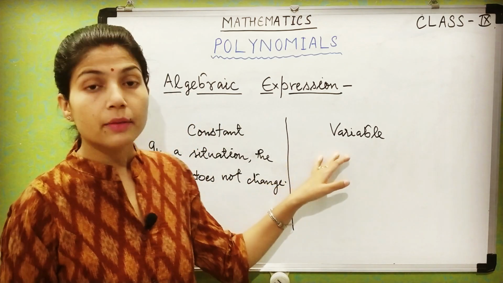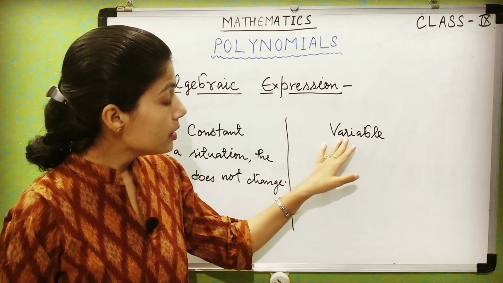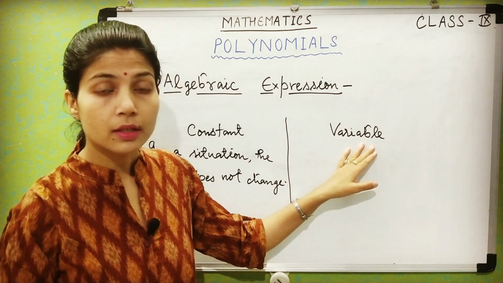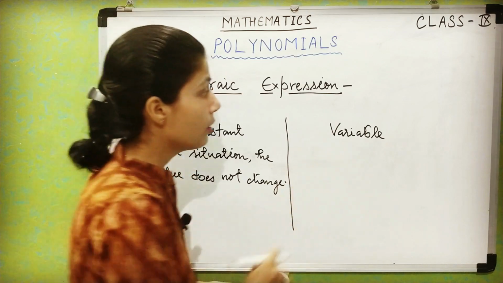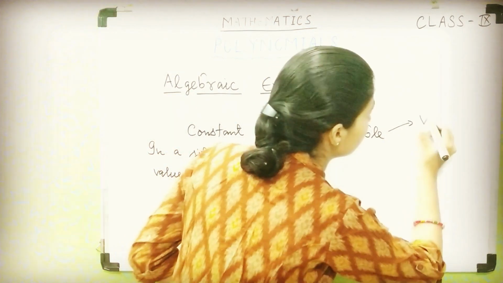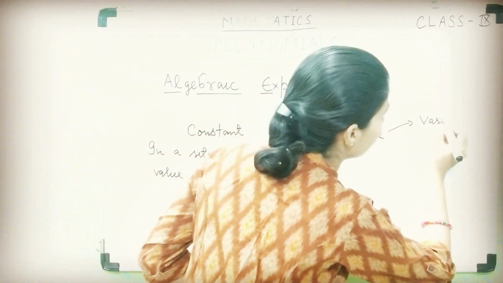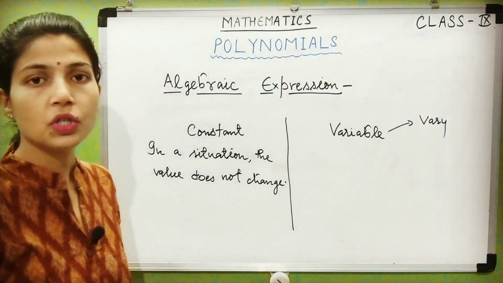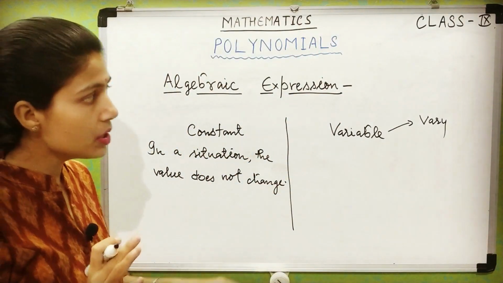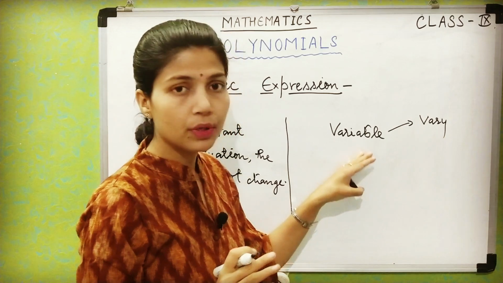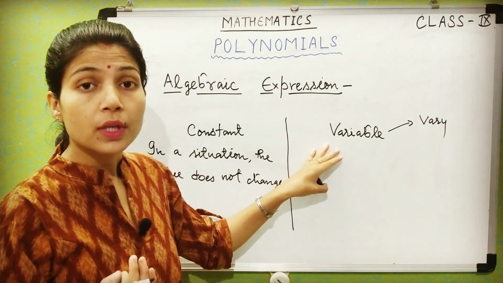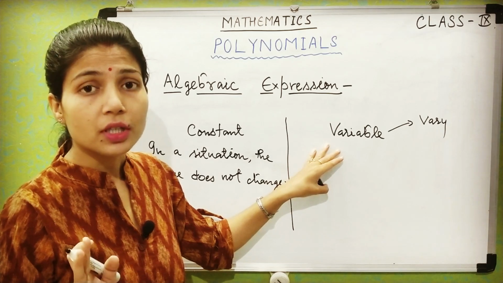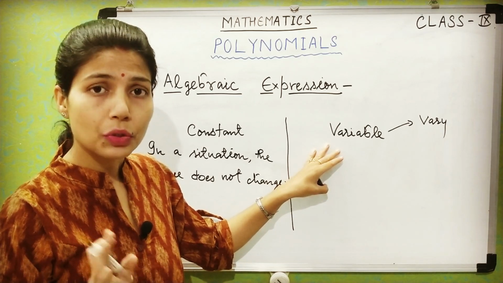And what about the variable? As this word indicates, variable means anything that is able to vary. The word is made from vary. Vary means changeable, means that can be changed. So variable means that value which keeps on changing according to the situation.